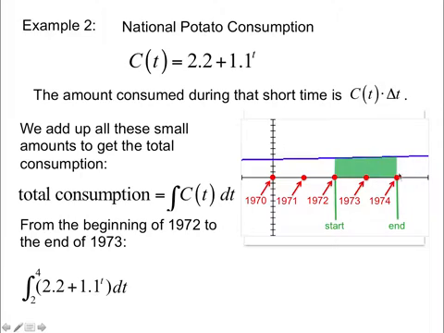So we're going to find the value of this region doing an fnInt. And when you do an fnInt on this function, you'll get 7.066. And what you have to remember is that this was measured in millions of bushels per year. So that 7.066 means 7.066 million bushels. So 7,066,000 bushels of potatoes over that 2-year period.